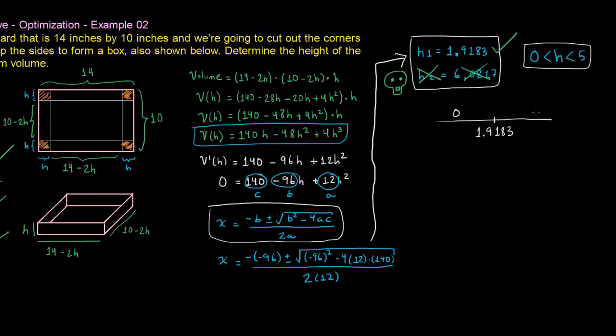The simplest ones here will be 0 and 2. So I'm going to pick b prime of 0. It will be 140 minus 96 times 0 plus 12 h squared, which will again be 0. We get that b prime of 0 is equal to 140.